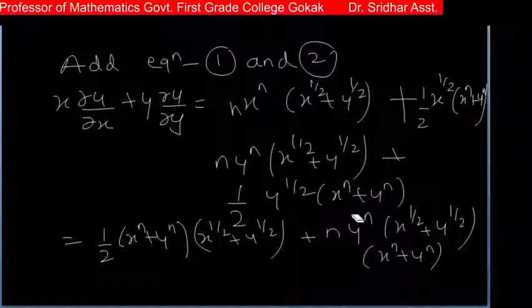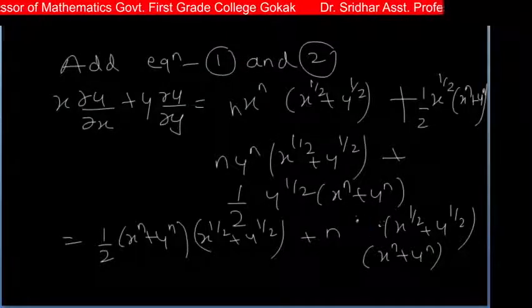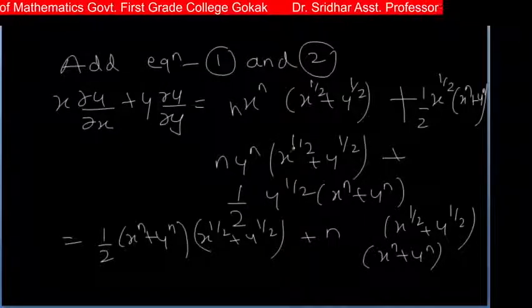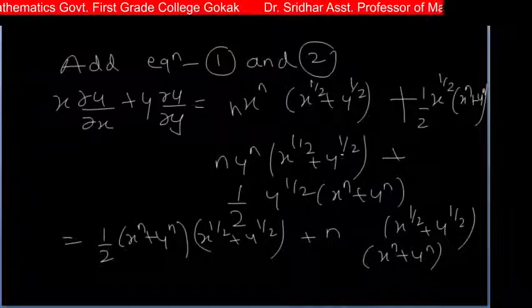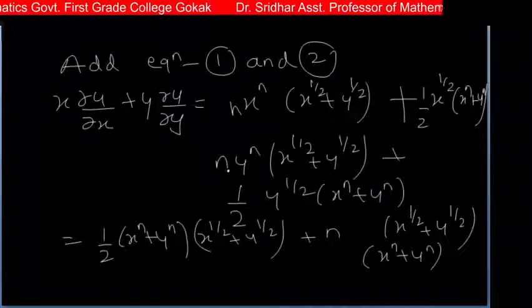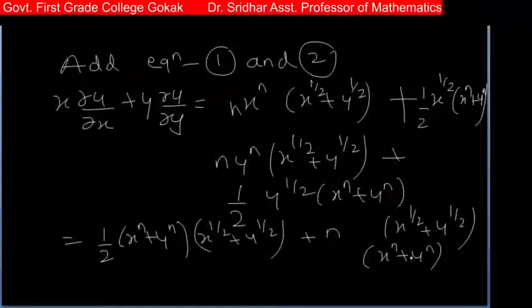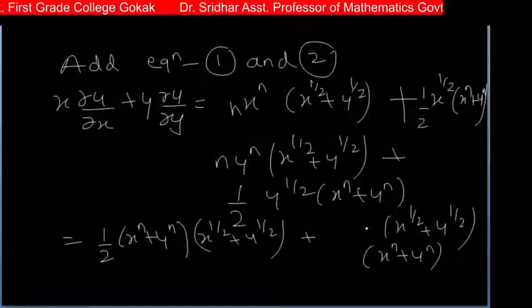In these two terms, this y raised to n will not come because we have taken x raised to 1 by 2 plus y raised to 1 by 2 as common, n into, then in bracket x raised to n plus y raised to n is left.